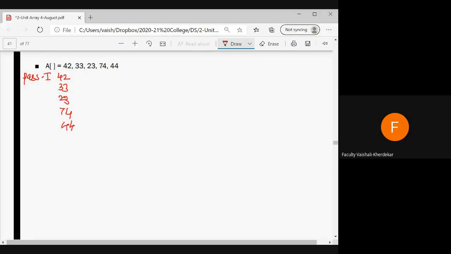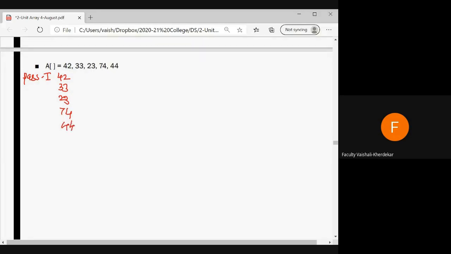Now the first element is compared with the second element. The second element is 33, which is less than the first element, which means we have to interchange them. We are interchanging them.